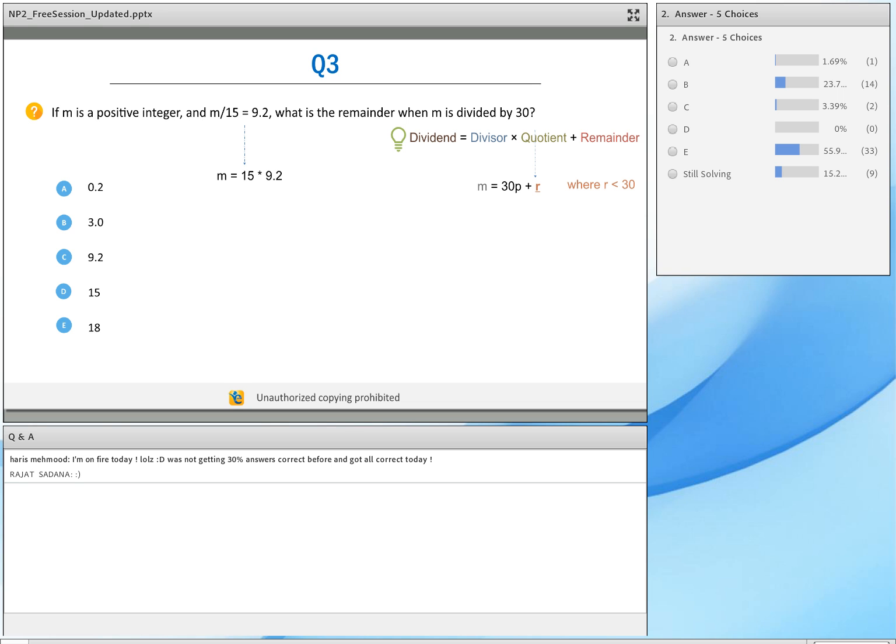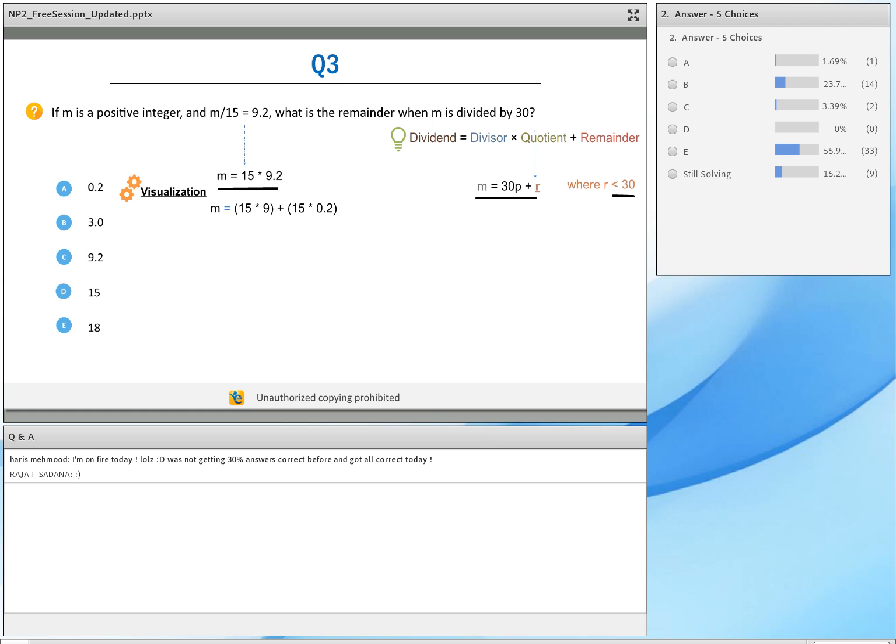So same approach. Dividend is divisor times quotient plus remainder. We have to figure out what is the remainder when m is divided by 30, which means we have to express m in terms of 30p plus r, where r has to be less than 30. What's given to us is that m is equal to 15 times 9.2. So we express it in this way: 15 times 9 plus 15 times 0.2.